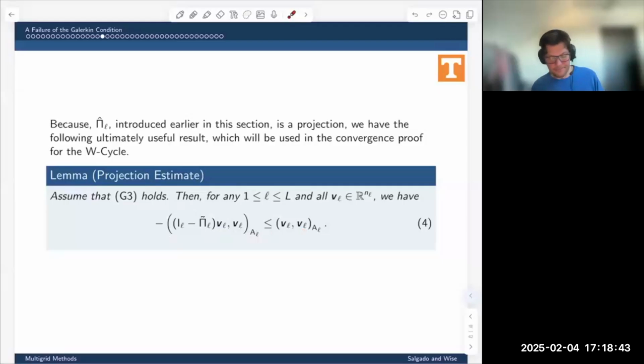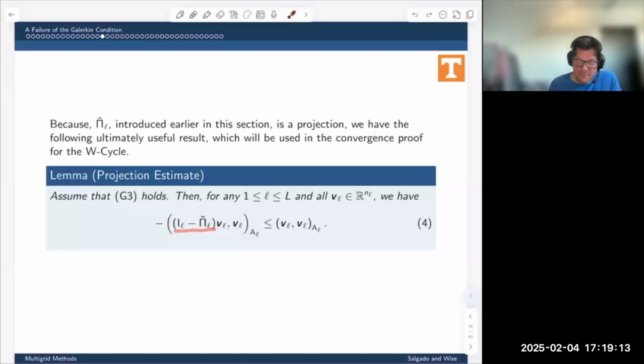Now, the first thing you might ask yourself is, why do I have the minus sign here? Why didn't I just take the absolute value? Well, I can only prove this for the minus sign, but that's all I'm going to need. I don't know what the sign of this object is going to be. It could be positive, it could be negative. That's because I don't know that this is a projection matrix.